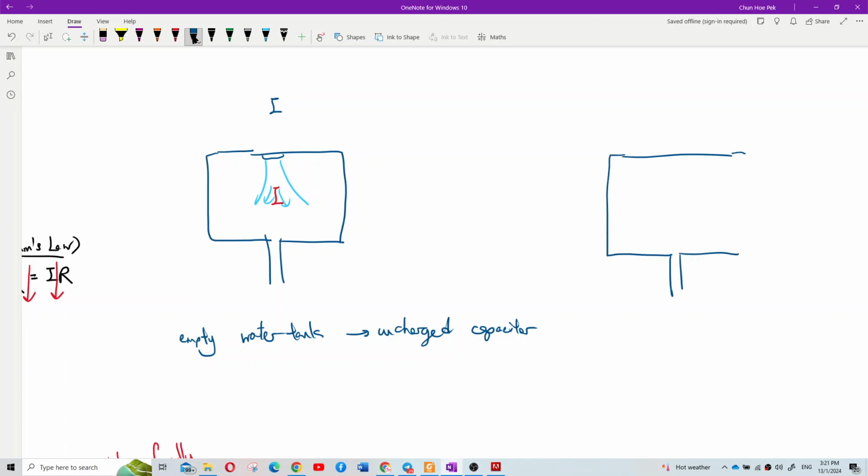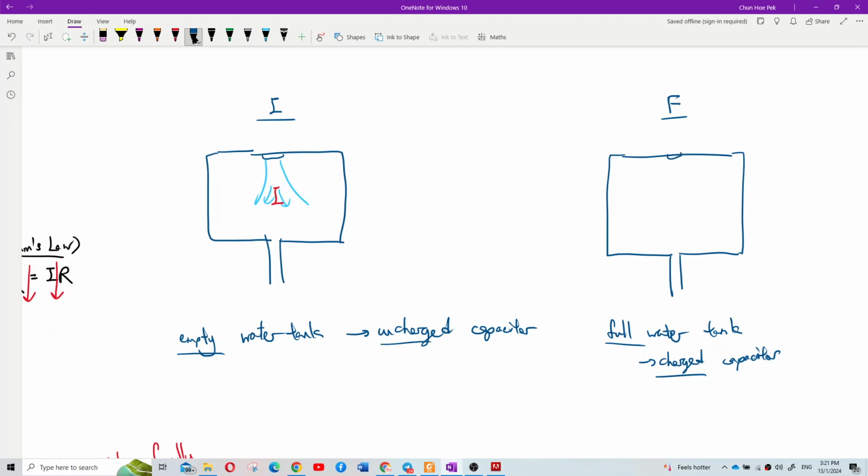So this is the empty water tank. This is for the full water tank. Full water tank means a charged capacitor. The capacitor is fully charged. Yeah, charged capacitor. A full water tank. This one is the empty water tank.